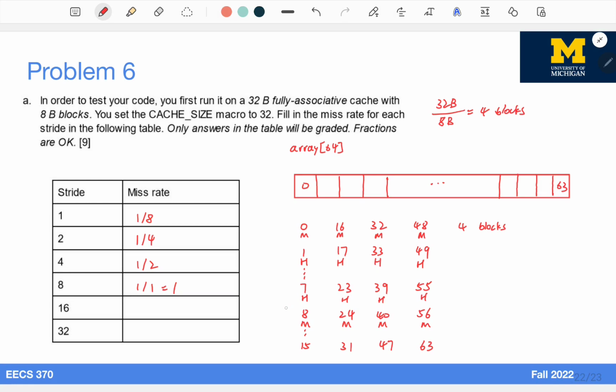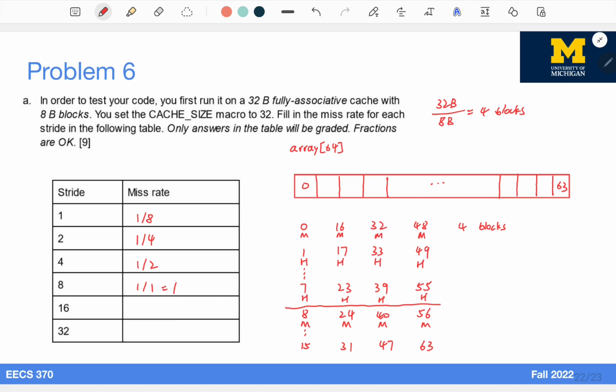And after this iteration, we will have exactly 4 blocks holding the blocks for 8, 24, 40, and 56 inside the cache, instead of the previous 4 different blocks.